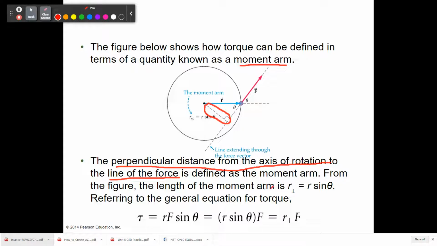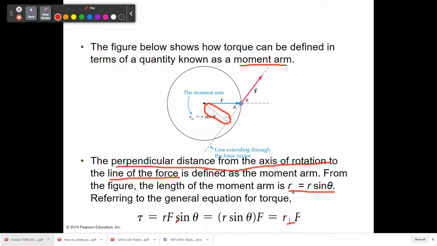In this figure, the length of the moment arm that you see right here is going to be equal to r sine of theta. So if we plug that into the equation we just put in, our torque is just going to be equal to our moment arm times our force.